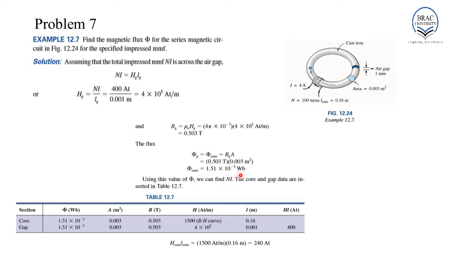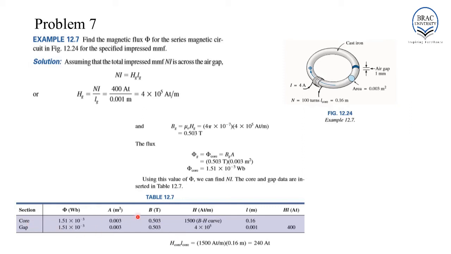We know that the rising MMF, that is Ni, will be equal to the summation of all the MMF drops. Thus, using this value of phi, we will try to determine Ni and see whether our calculated Ni matches with the given product of Ni in the question.